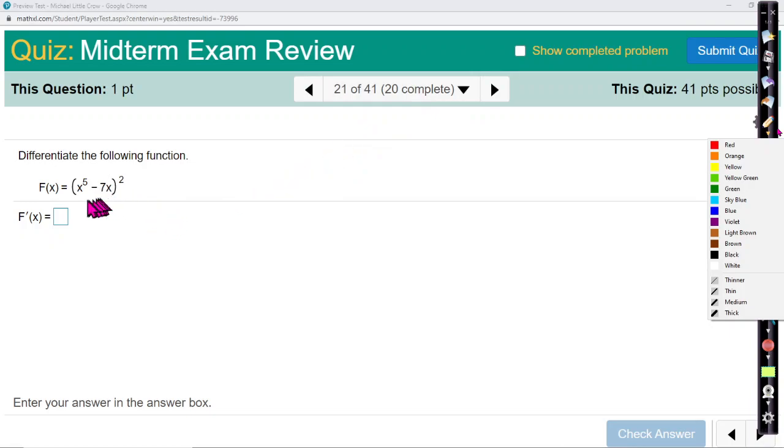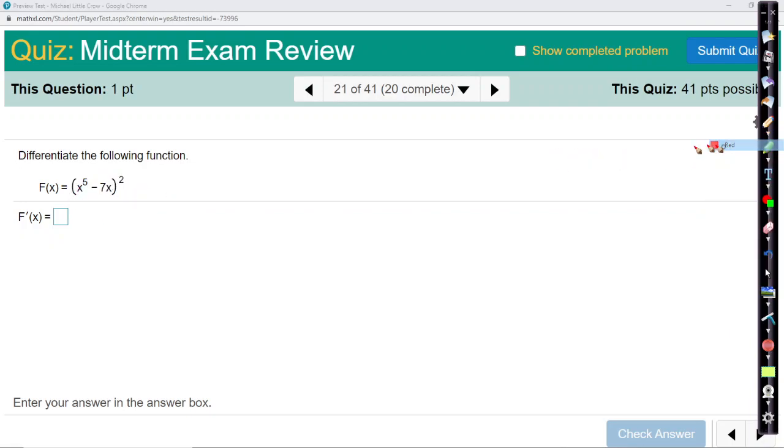So when we're doing the derivative of something with an inside part and an outside part, we take the derivative of the outside part, so it's just going to take this 2, bring it down in front, multiply by that, and then subtract 1 from the exponent.